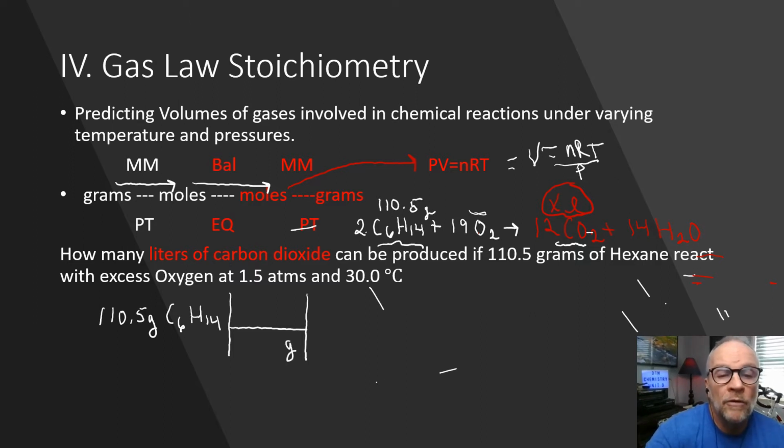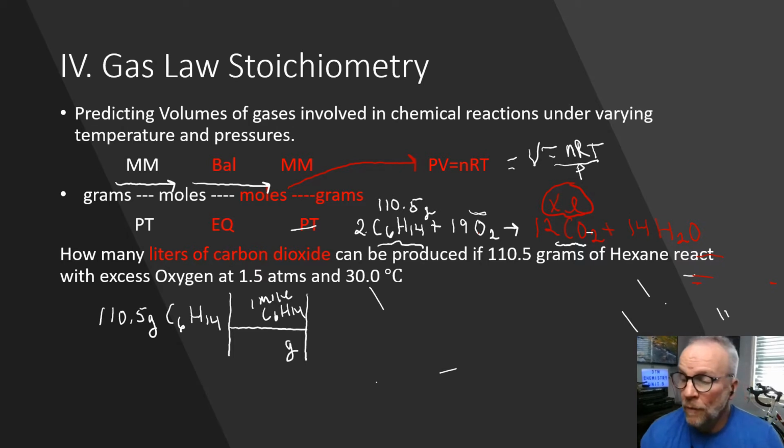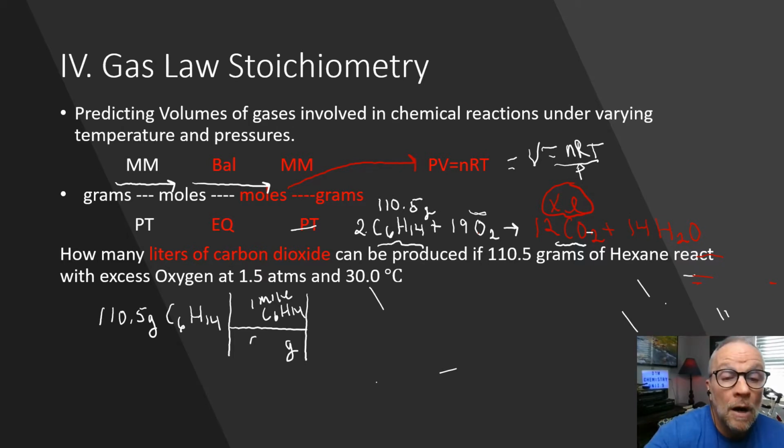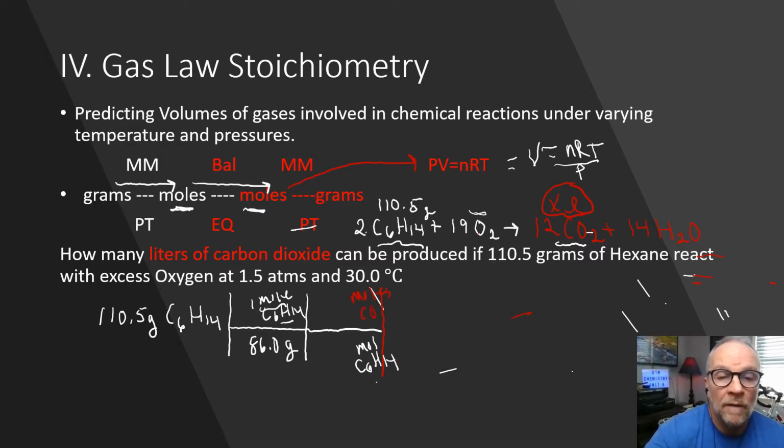So grams will go on the bottom per 1 mole of hexane. And I looked that up for us. It's 86 grams of hexane per 1 mole of the same. And then we're here at the moles. So we'll have to go to moles of our new product. And so whatever you start off with always goes on the bottom of your conversion factor. So we'll have moles of C6H14 on the bottom. And then we'll have moles of our carbon dioxide on the top.